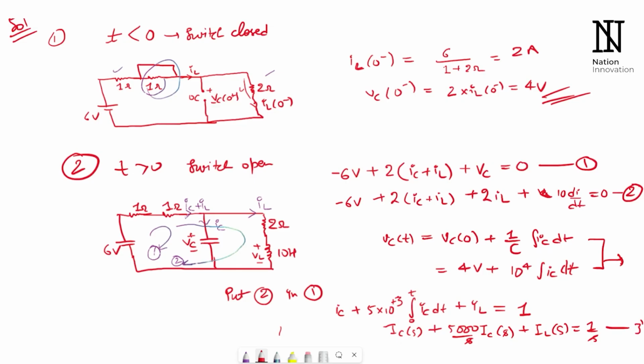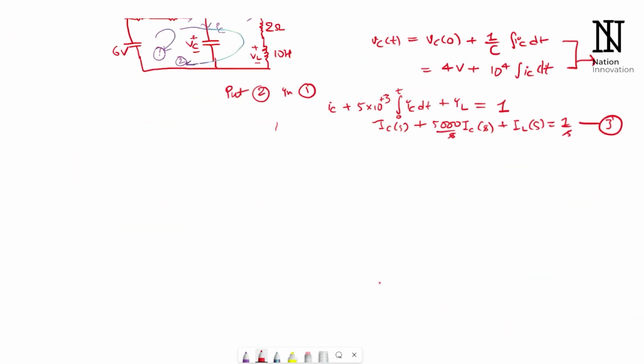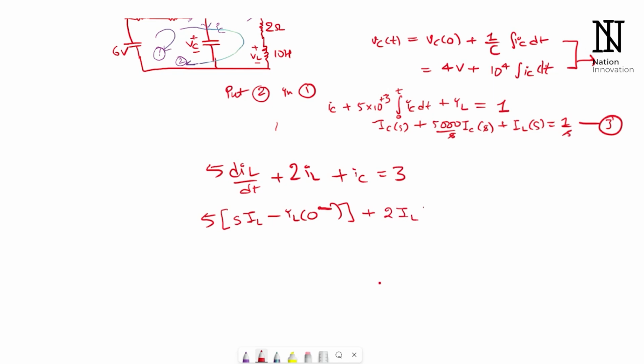Let us say this is equation number 3. Again we have the equation 5 dIL by dt plus 2IL plus IC equals 3. If we convert it into Laplace transform, 5 times (s IL(s) minus IL(0 minus)) plus twice IL(s) plus IC(s) equals 3 by s. Let it be equation number 4.